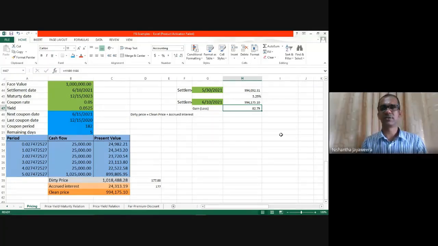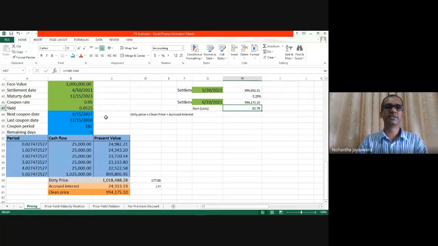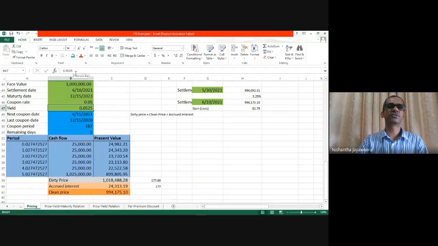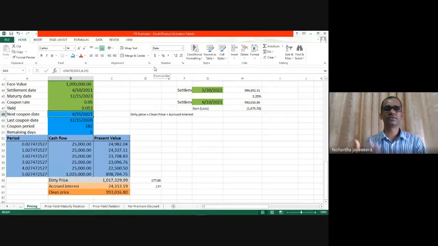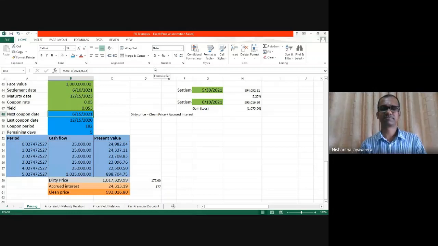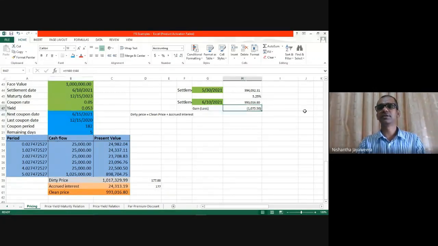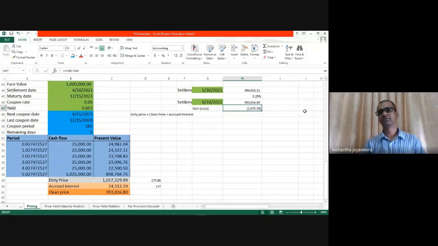Yes, sir. Okay. Now what I'm trying to say is, time changes, not only time, even the yield. If yield goes to 5.3, what would happen? By 10th June, yield has gone up by 5 basis points. So then you incur a loss.